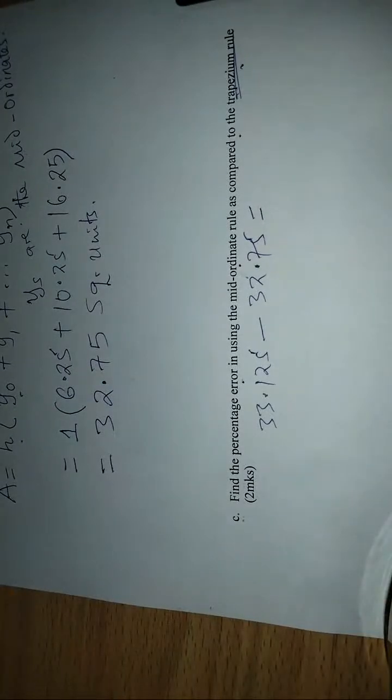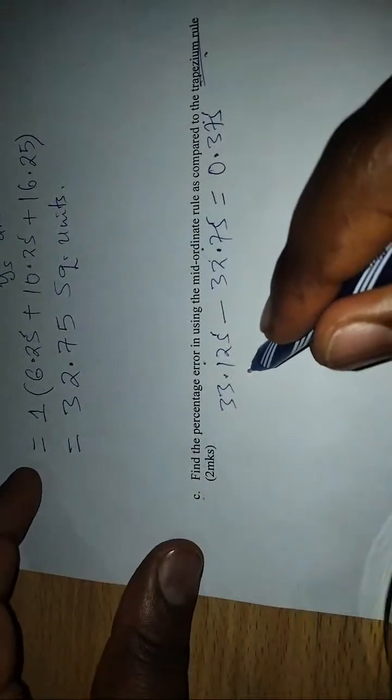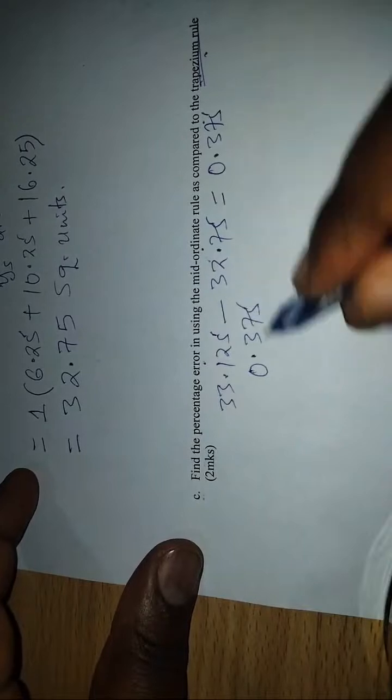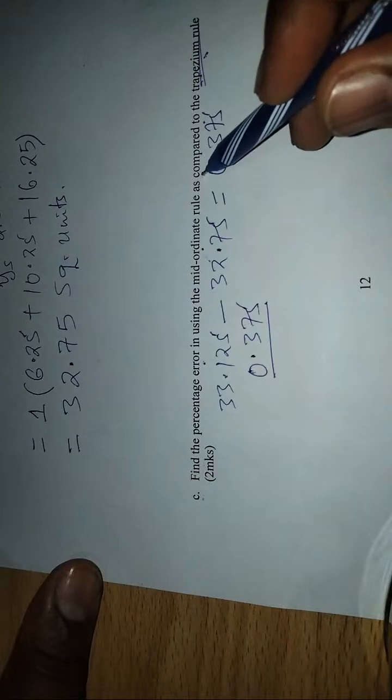Therefore, I'm going to get 33.125, which is the area by trapezoidal rule, minus 32.75, which is the area by mid-ordinate, and I subtract them. This is going to give us 0.375 square units. Therefore, the percentage error will be given by the error between the two areas, divided by the trapezoidal rule's value, because we are comparing it with the trapezoidal rule.